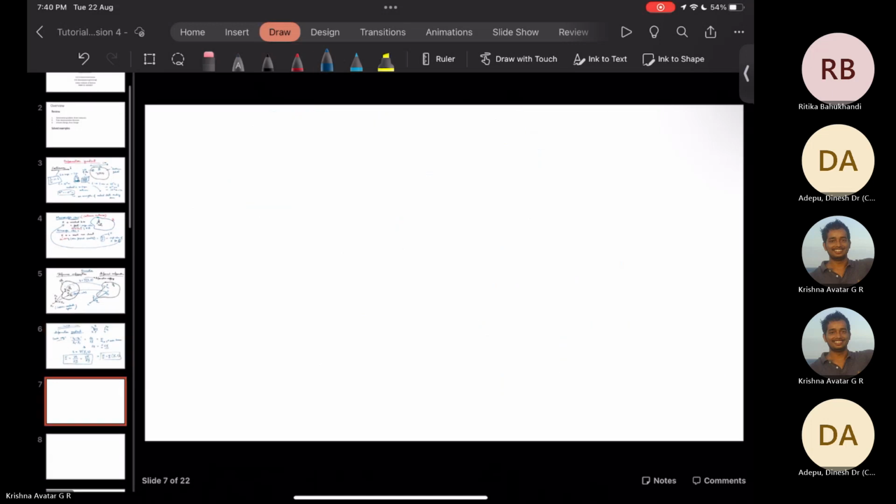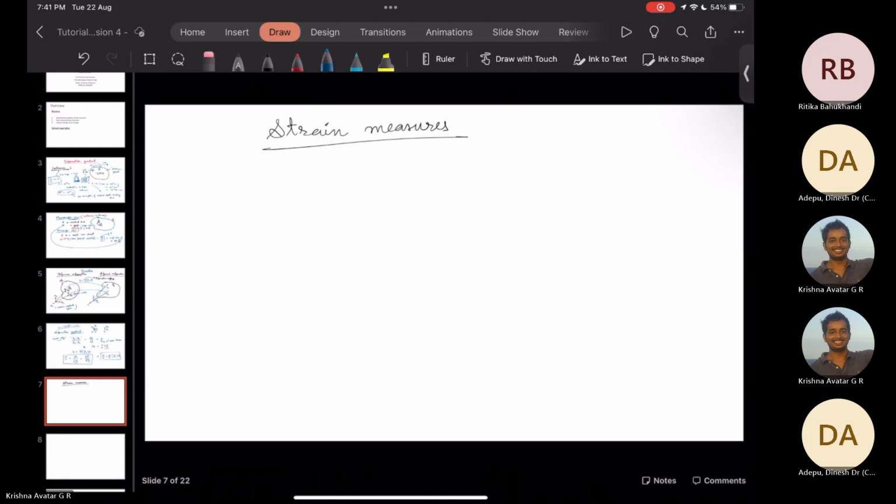Now using this deformation gradient, we define several strain measures. I'm sure you must be familiar with the word strain, not in the general parlance, but in terms of physics.